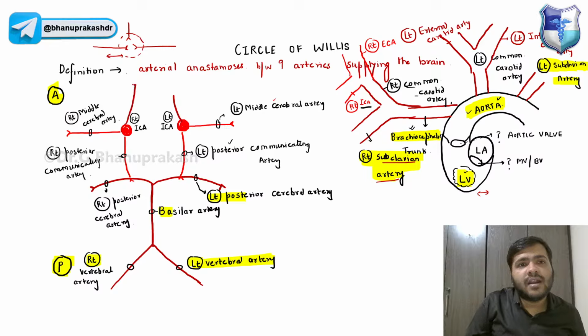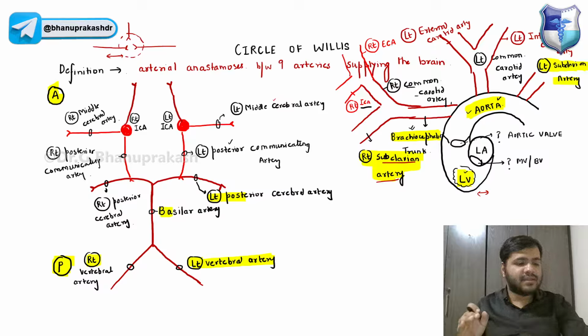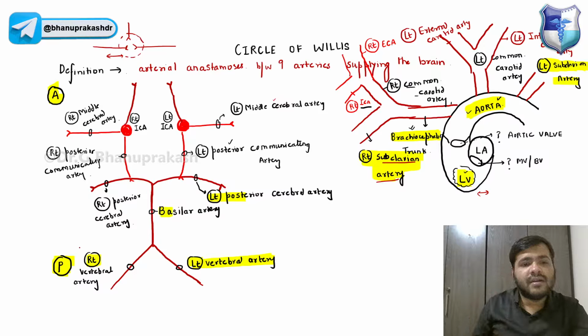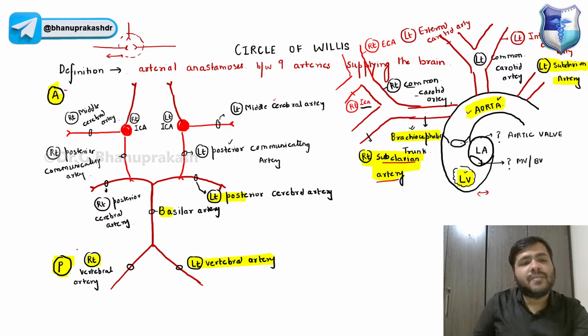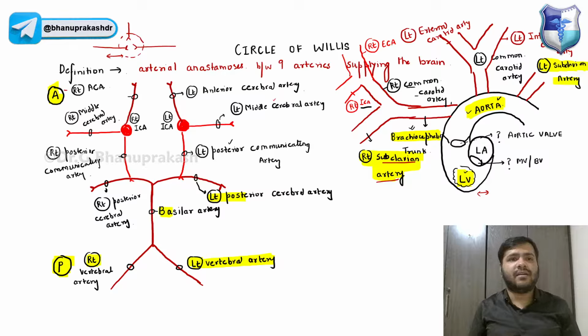We have other arteries from this internal carotid artery, and these branches are called the anterior cerebral artery. Obviously, we are reaching the anterior part now. So over here, this will be the left anterior cerebral artery, and over here will be the right anterior cerebral artery. I'm writing in short, anterior cerebral artery.